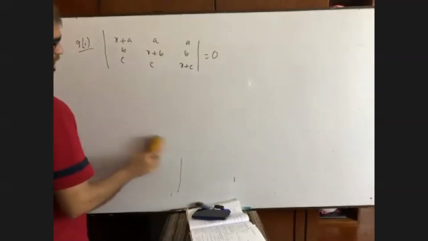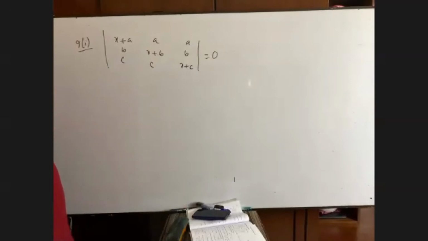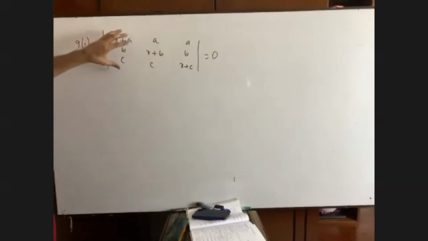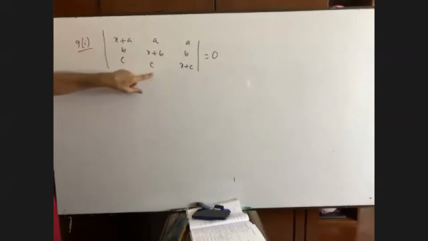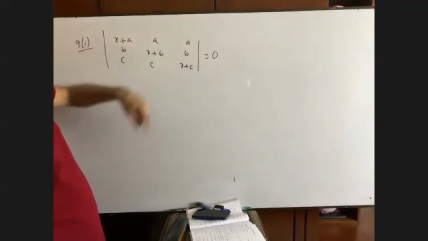At first, we have to get some combination. You see, if I go for adding the rows, x plus a plus b plus c, x plus a plus b plus c, x plus a plus b plus c.